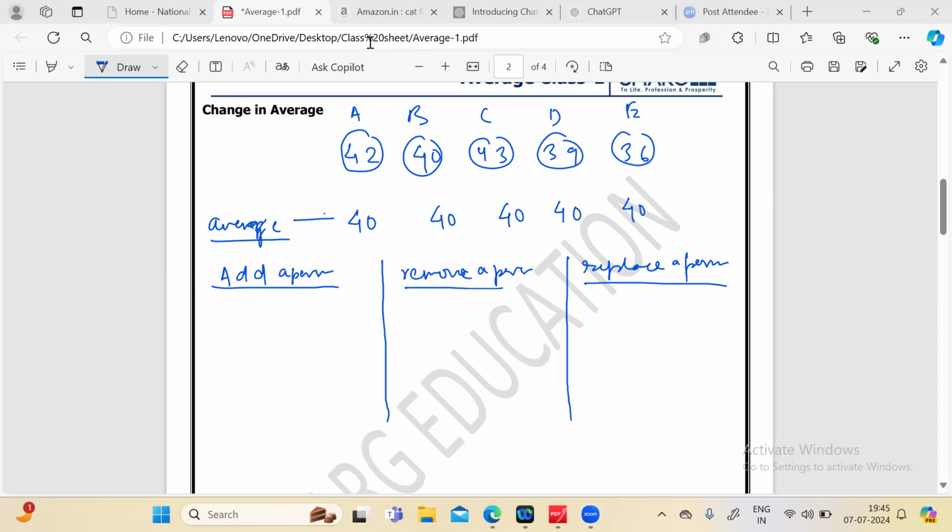These 3 are the universal. We cannot make any other kind of change in the group of these 5 people. Is everyone okay with this? Yes, sir. Okay.